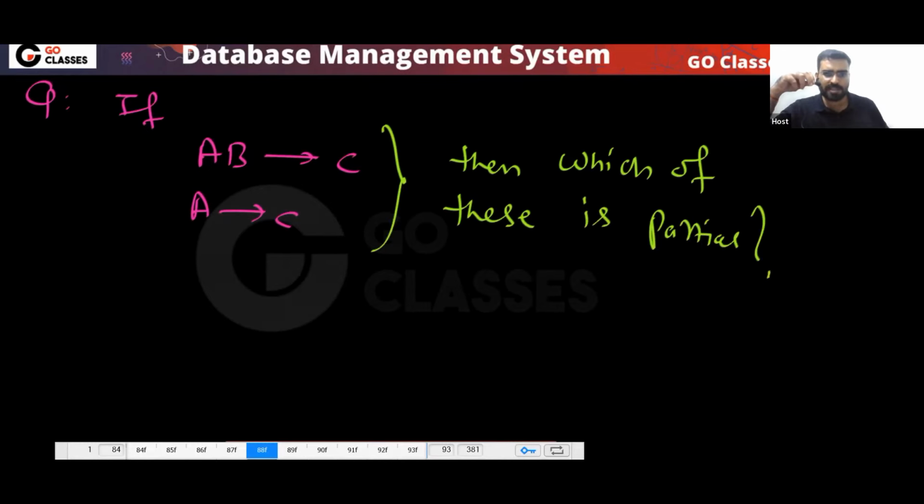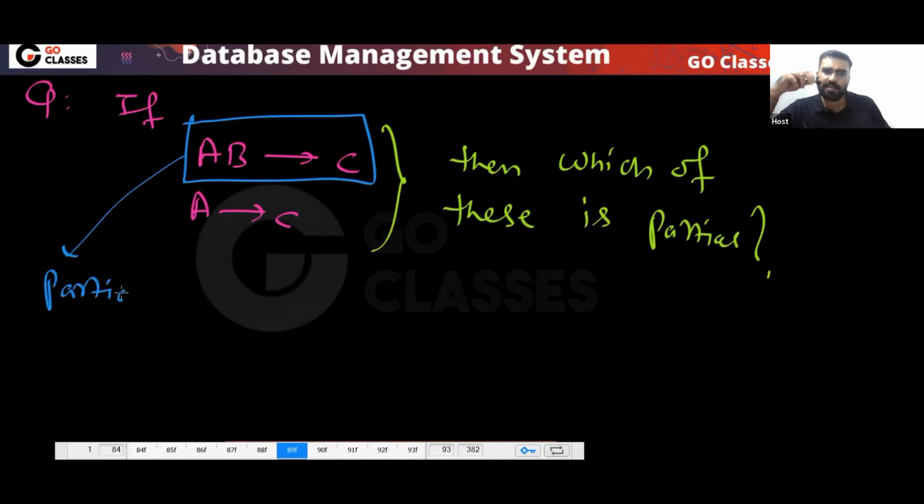The answer is very simple. AB determining C is partial. Remember, this is a partial FD, because you don't need the entire AB.